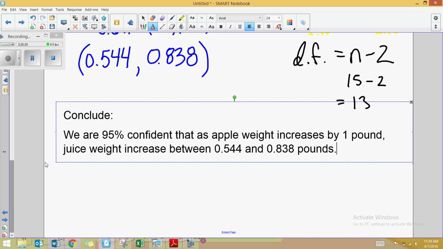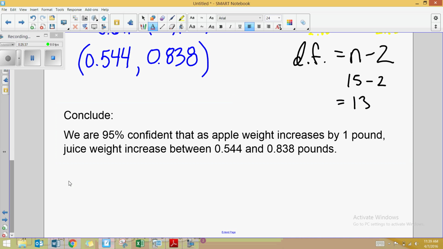If you go back to the beginning of the problem, both of those stated that they were measured in pounds. Okay, and that would be our interpretation of that confidence interval.